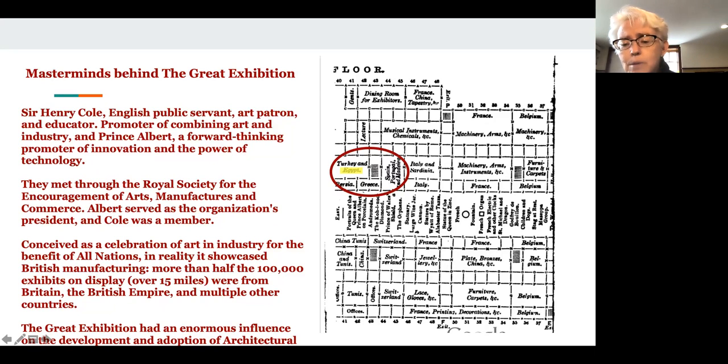And then down here we're delving deeper into each of those. So here, France, we see plates, bronzes, china, furniture, carpets. So it was this huge compendium of presentations in these different exhibits, and it had an enormous influence on the development and adoption of architectural style moving forward.